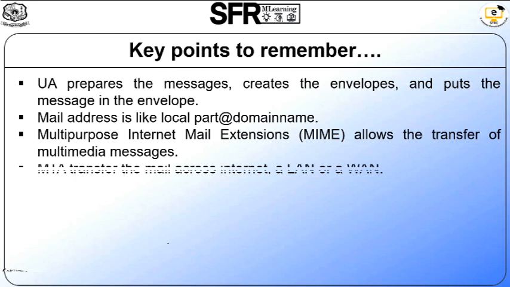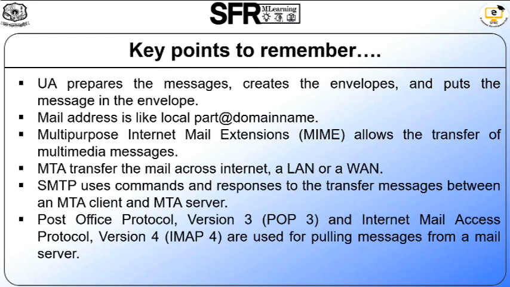Key points to remember: the UA prepares the message, creates the envelope and puts the message in the envelope. A mail address is like local part at domain name. Multipurpose Internet Mail Extension, that is MIME, allows the transfer of multimedia messages. The MTA transfers the mail across the internet, a LAN or a WAN.